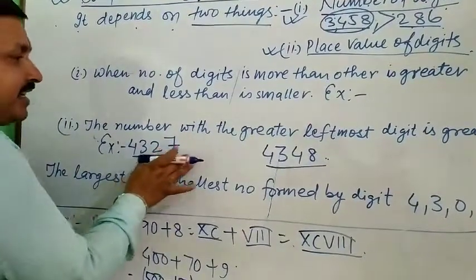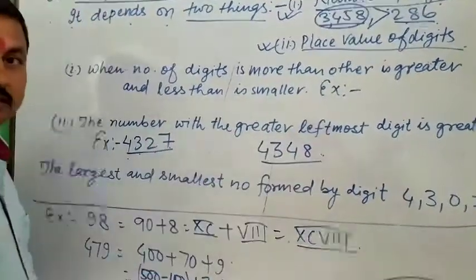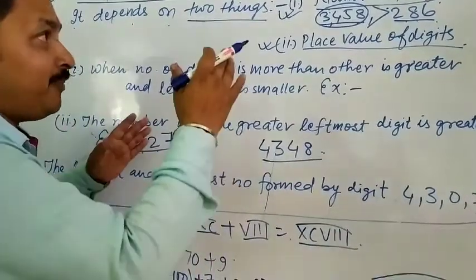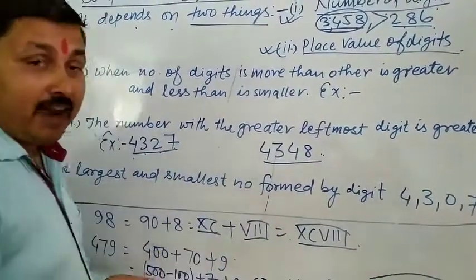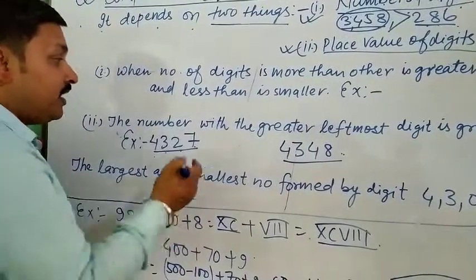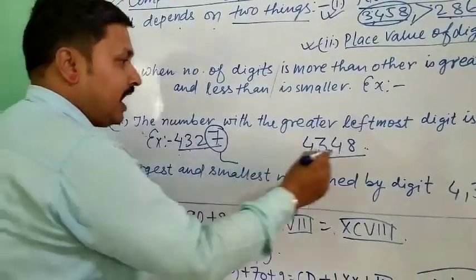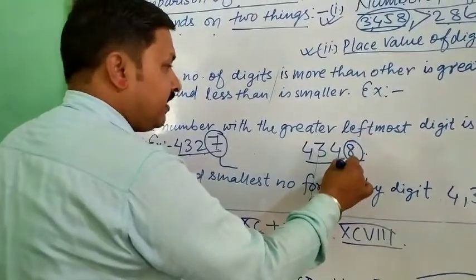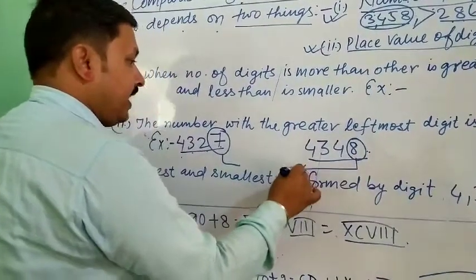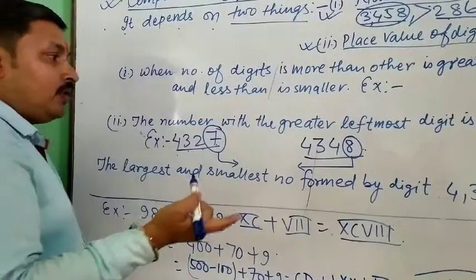Both have 4 digits. Then on the basis of digits we cannot find the greater number. So we look at the value of the digits, here 7 and here 8.